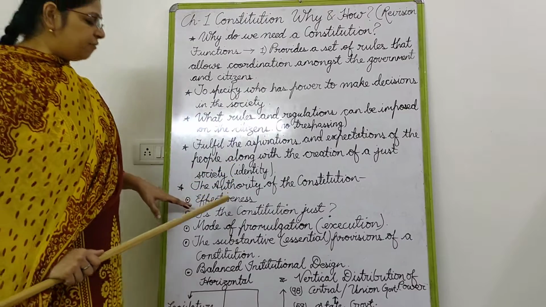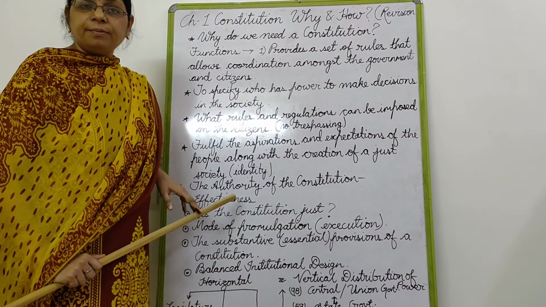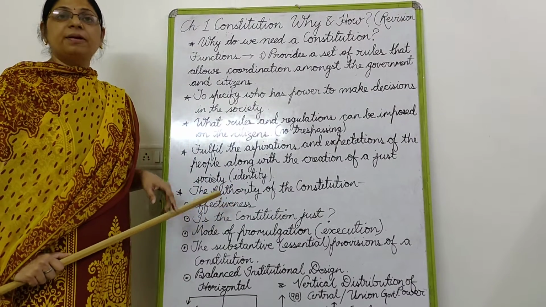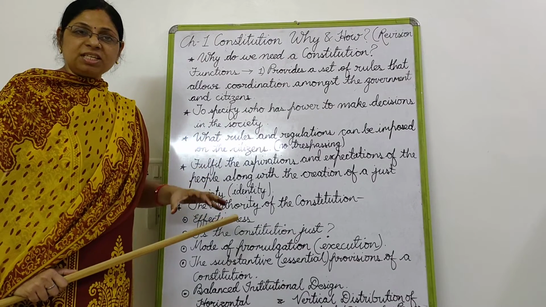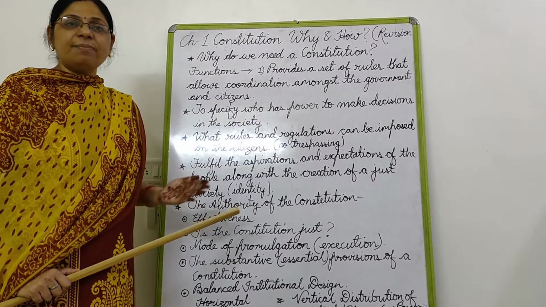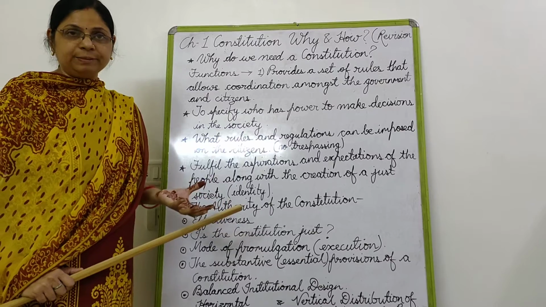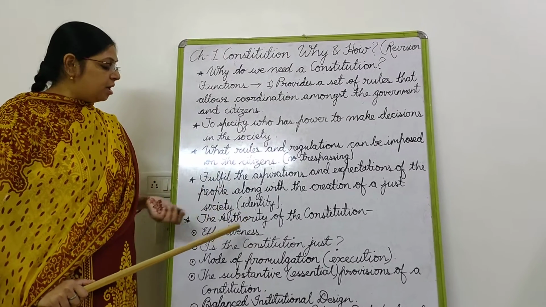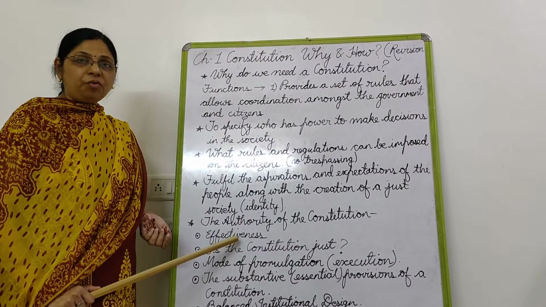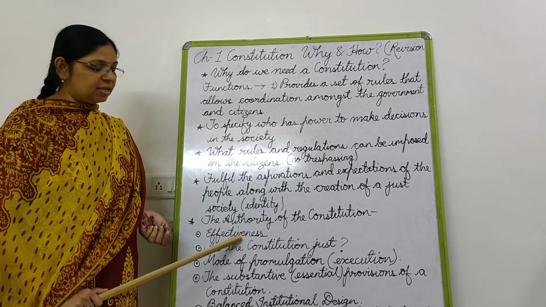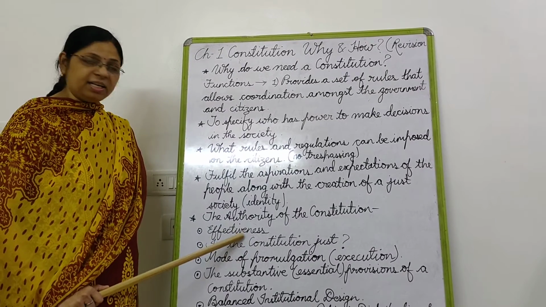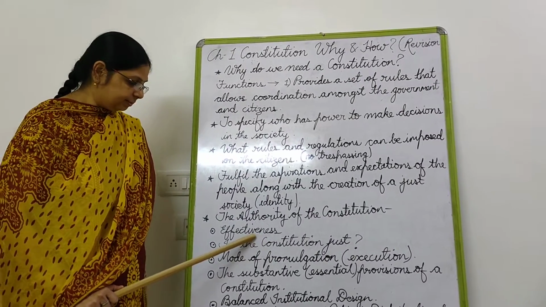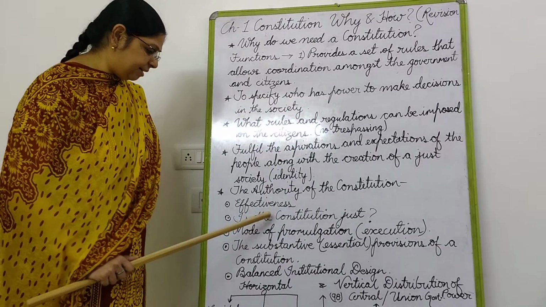To ensure effectiveness, the rules and regulations, the provisions and procedures should be designed in such a manner that they are acceptable and people are willing to follow them. Then only the constitution can fulfill the criteria of effectiveness. The people should be satisfied.